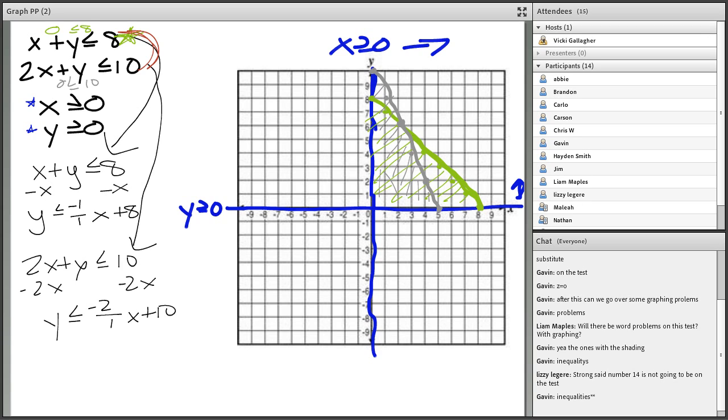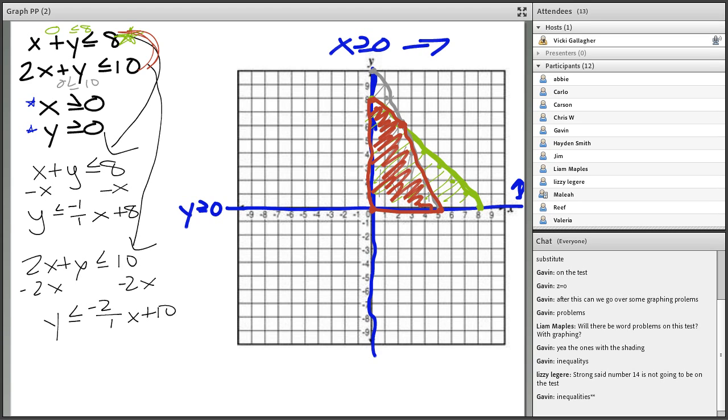It always starts on the origin, and then it goes up until it hits its first line, and then it follows that line until it hits another line, and then it changes directions and follows the other line until it hits the axis, and then from there it goes back to the origin. And it's this section right here. This is what we're concerned with. Okay.